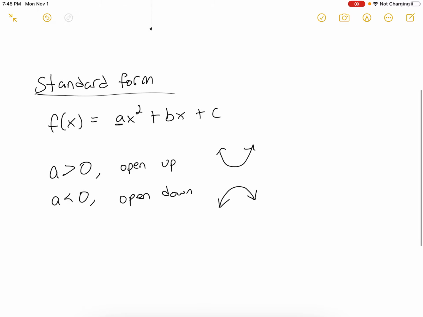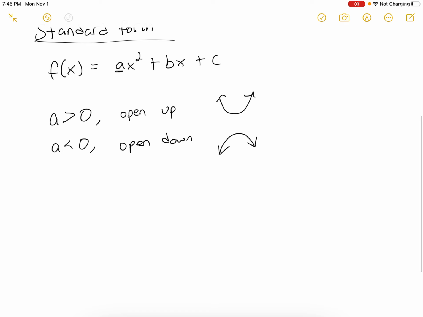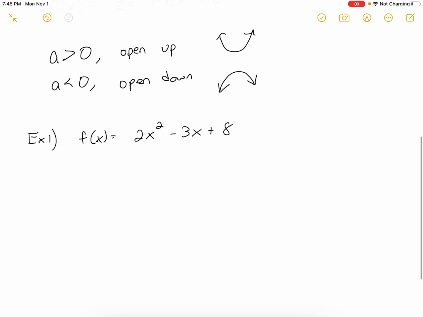And so let's look at an example. F of x equals 2x squared minus 3x plus 8. Alright, so the first thing I want to identify is a, b, and c.